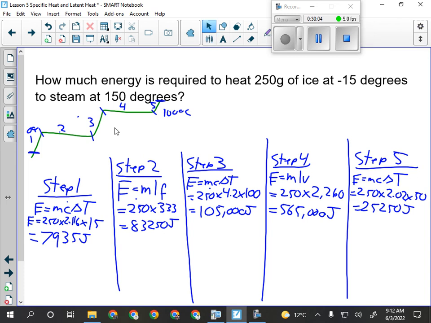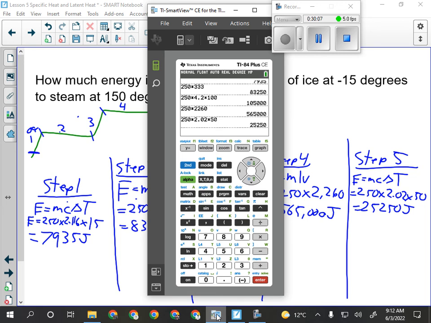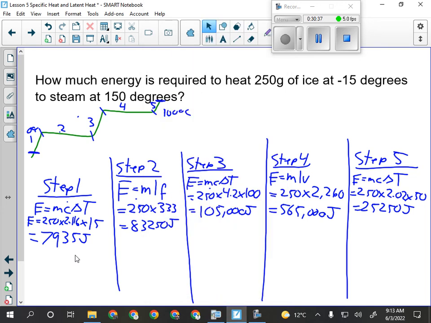I've got to add all these numbers together. So this is going to require 786,435 joules.